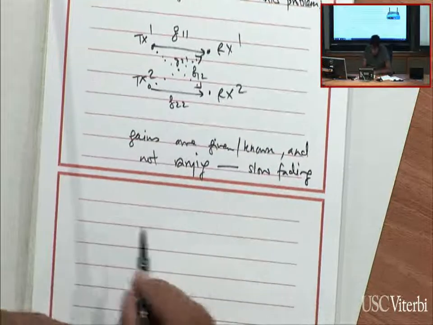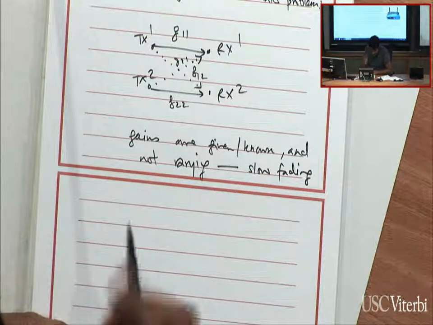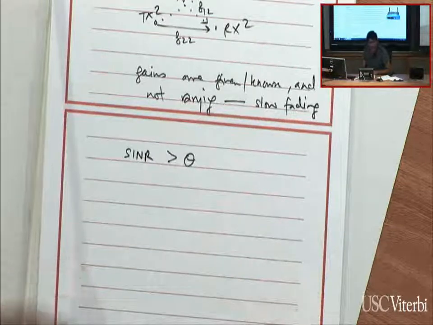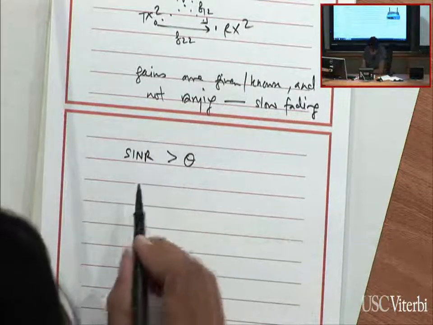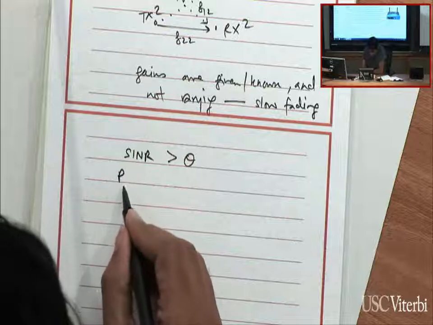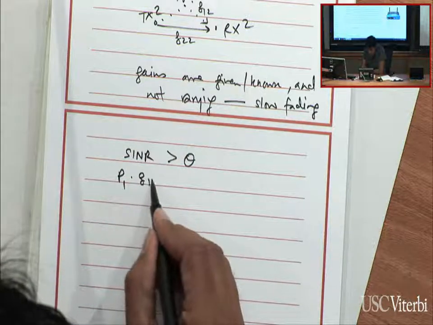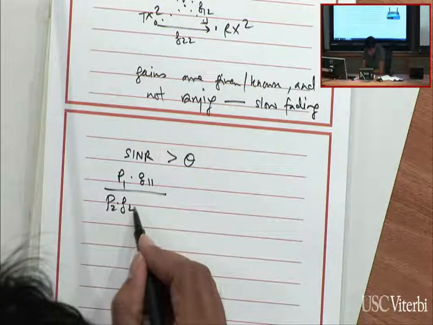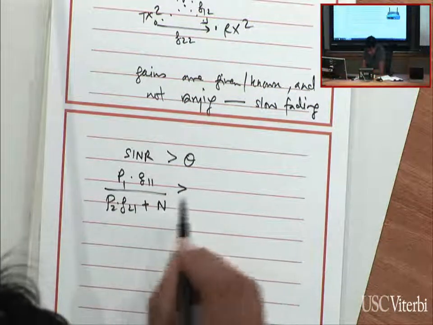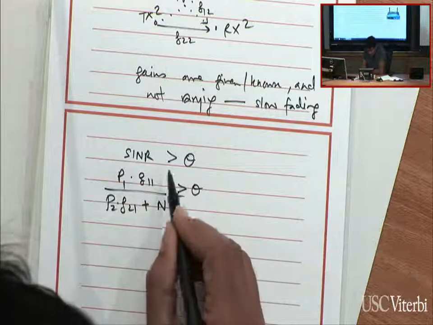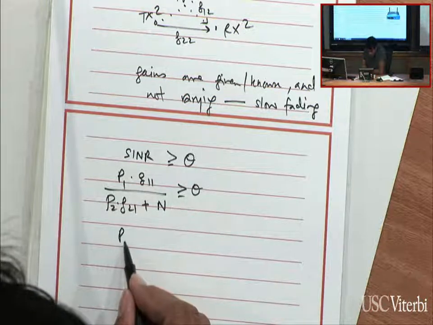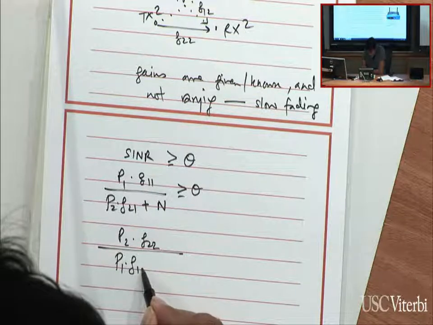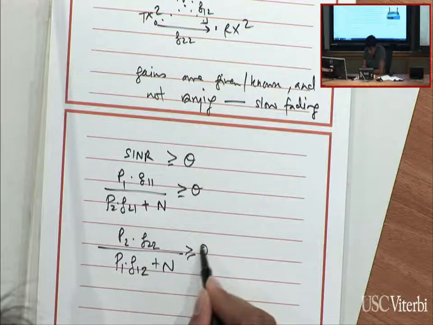We said that what we're trying to do is ensure that the SINR at both of the links is above some nominal threshold. The SINR for link 1 would look like P1 times G11 divided by P2 times G21 plus noise, which needs to be greater than or equal to theta, and P2 times G22 over P1 times G12 plus N is greater than or equal to theta.